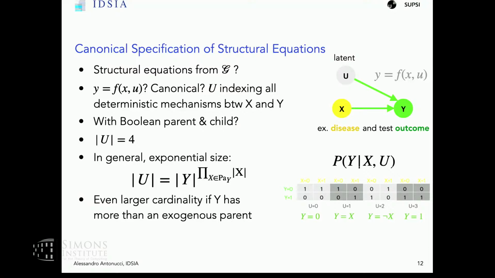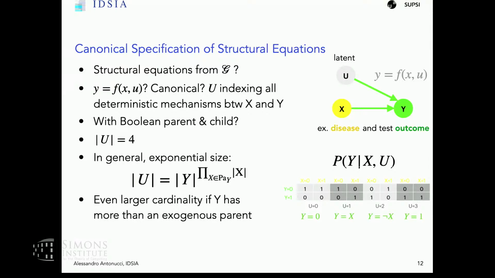So in a sense, the role of U is just to index the possible deterministic relations between X and Y. Say we have two Boolean variables, we only have 4 possible deterministic relations. Y can be always 0, Y can be always 1, Y can be X, and Y can be not X. So we have 4 mechanisms, and for the role of U, we need 4 states. We don't need more than 4 states of U to enumerate all the 4 possible mechanisms.